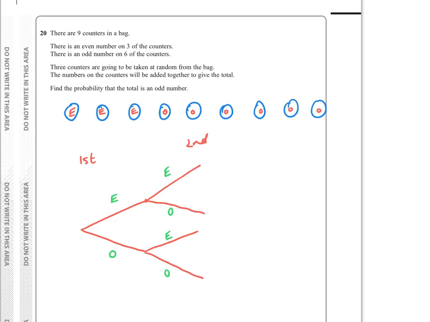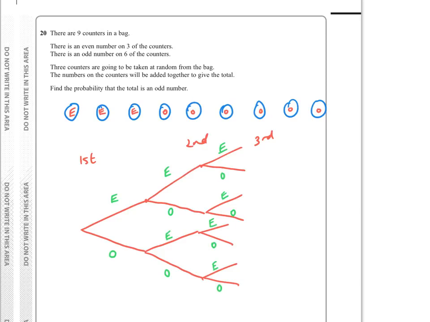And our third choice, again, even, odd, even, odd, even, odd, even, odd. Now, not everyone needs to draw a probability tree like so, but I find them quite helpful.